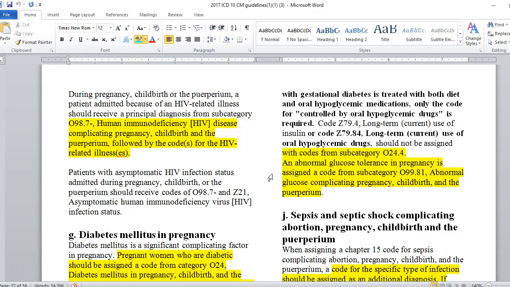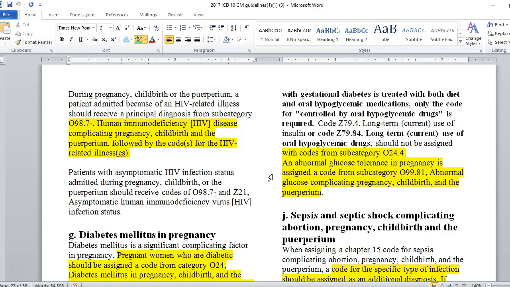Now, an abnormal glucose tolerance in pregnancy is assigned a code from subcategory O99.81, abnormal glucose complicating pregnancy, childbirth, and the puerperium. So the biggest thing to keep in mind here is we, again, need to know what's going on with mom. In this case, this is mom going for her 1-hour glucose test, and this means that she failed it, okay?